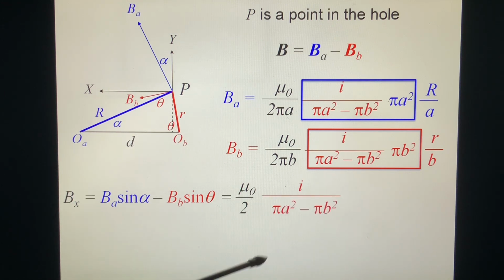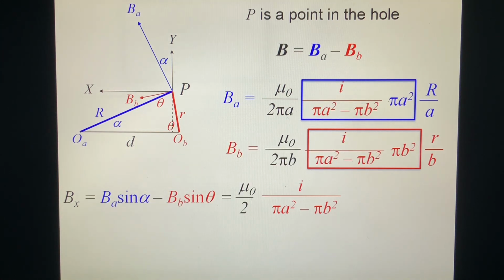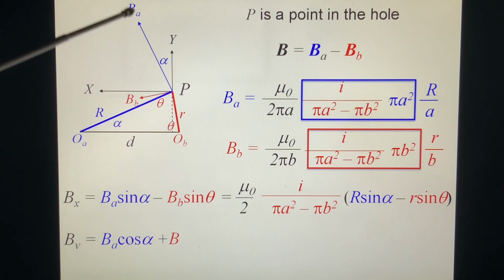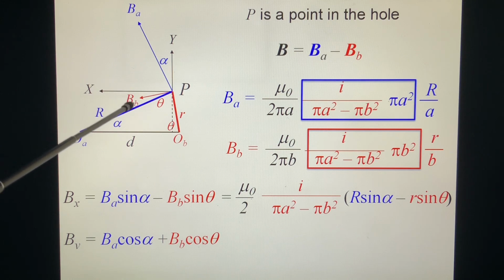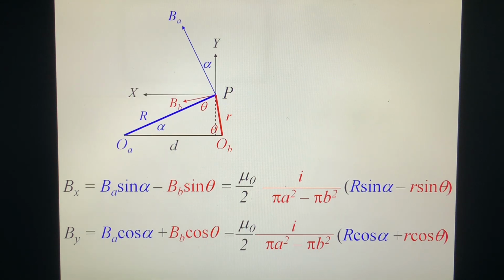This is a common thing, and I have R sine alpha minus small r sine theta. And BY is BA cosine alpha minus BB cosine theta. We put these inside and we get R cosine alpha minus small r cosine theta. We take the common factor out. Now this is the answer we get.